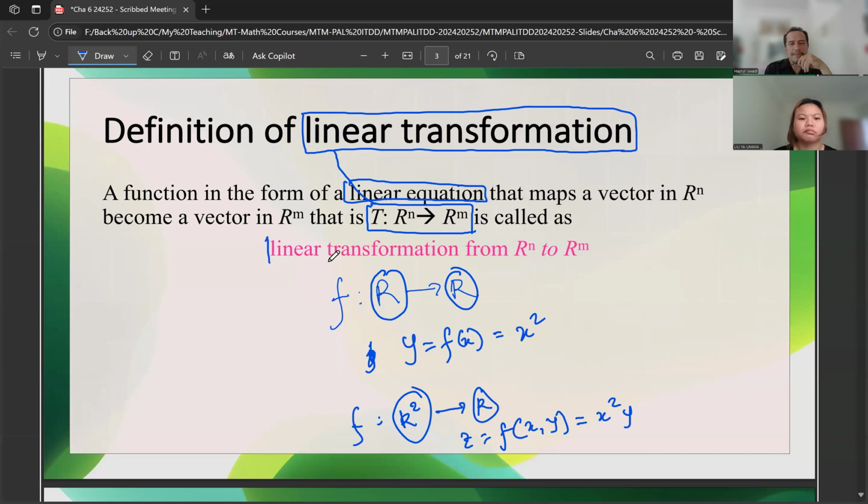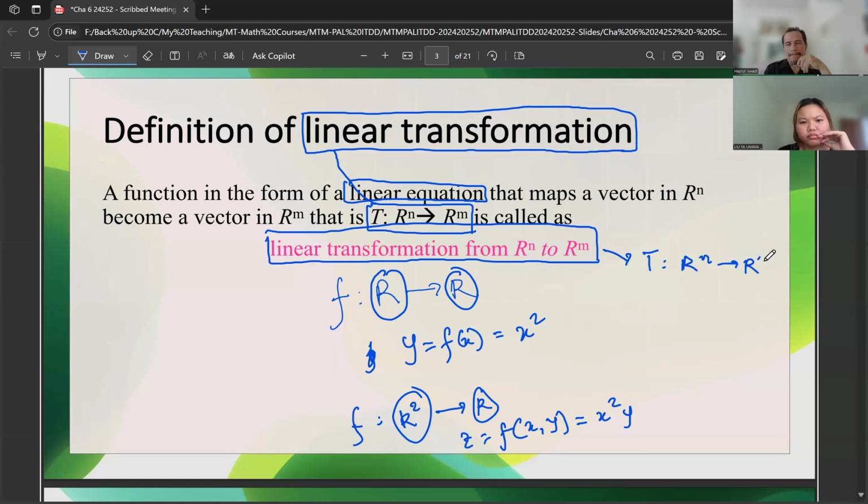A linear transformation from Rn to Rm, we can symbolize by T from Rn to Rm.